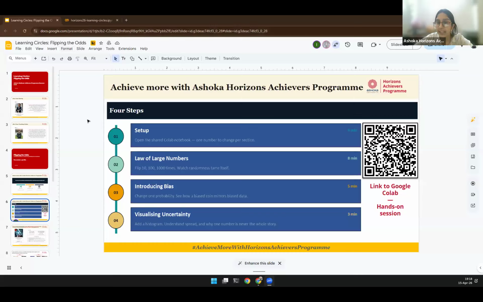I'm also excited to do the activity myself, so I'll be logging in from my mobile. Can you see my screen? Yes, it seems to be currently loading for me. How about the rest? I can see it now.